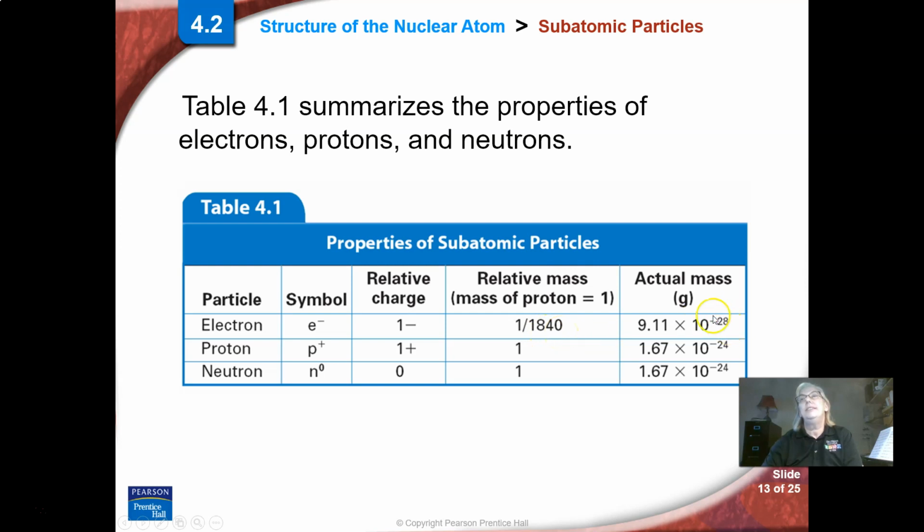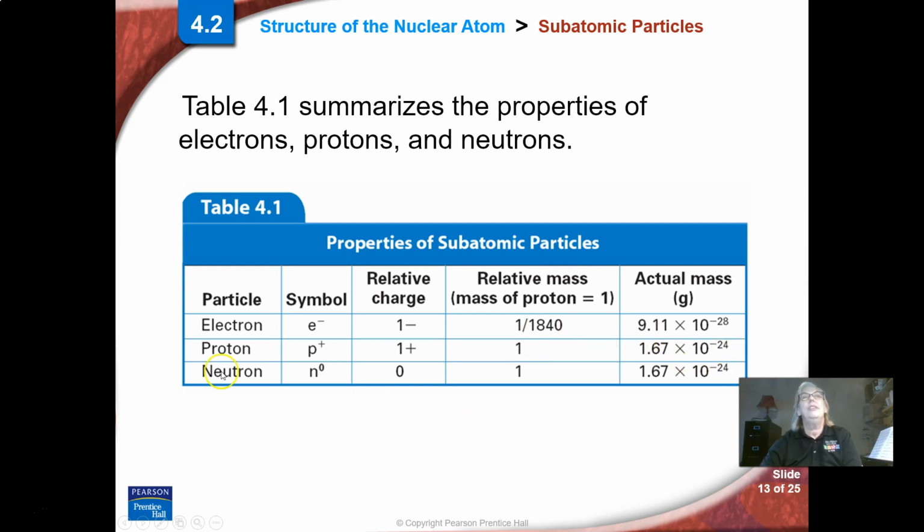This is the mass, which is extremely small. Protons have this, we call it a P and a plus charge. It's got 1 positive charge. We call it a mass of 1 for protons because it's a lot bigger than the electrons, and this is what it really weighs in grams.